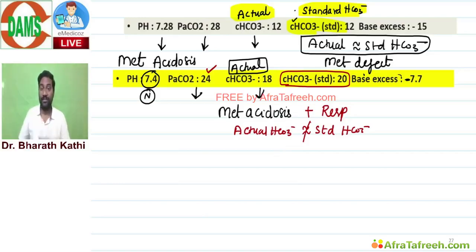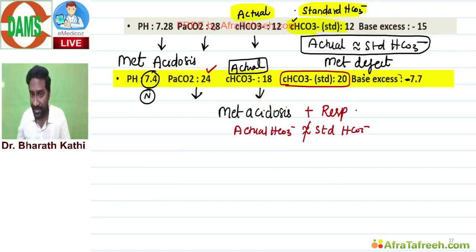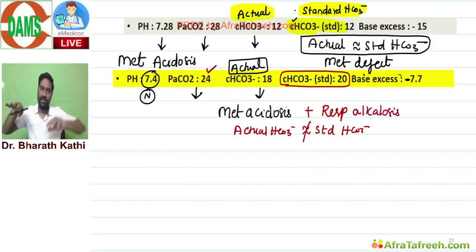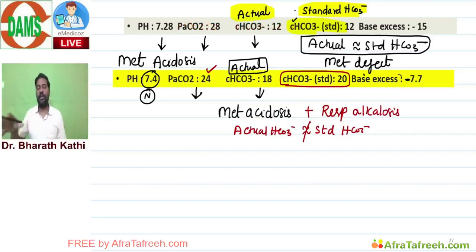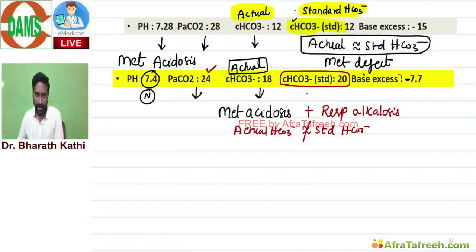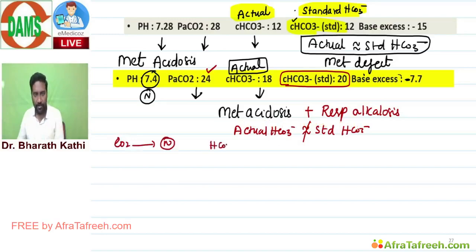You know that when there is respiratory acidosis, it can increase the bicarbonate. Whenever there is a respiratory alkalosis, that will decrease the bicarbonate. Now because you have brought CO2 to normal, this bicarbonate which was decreased previously is also coming to a normal value.